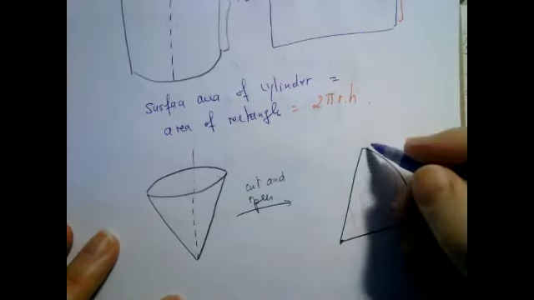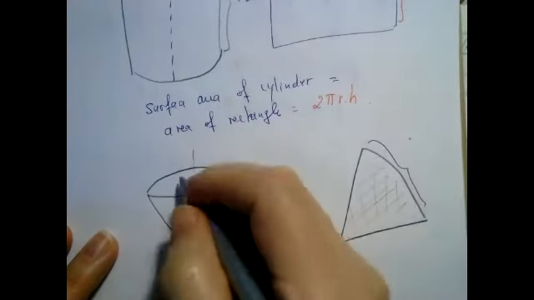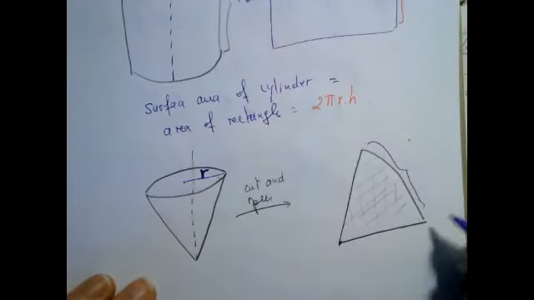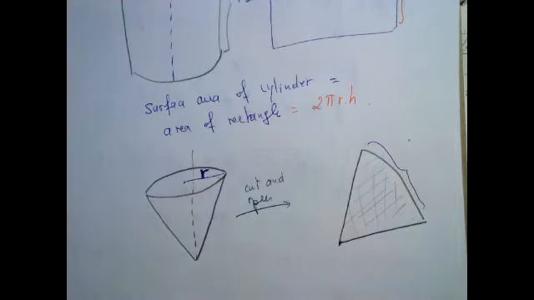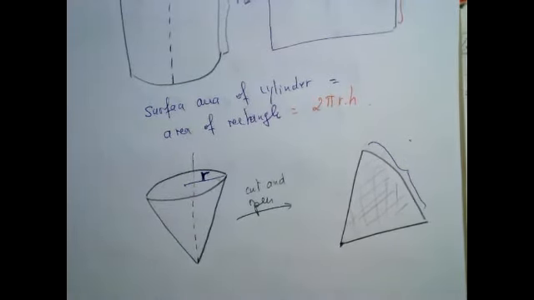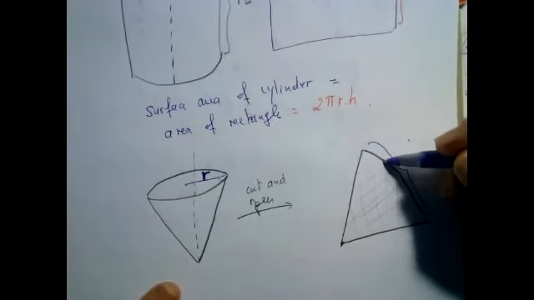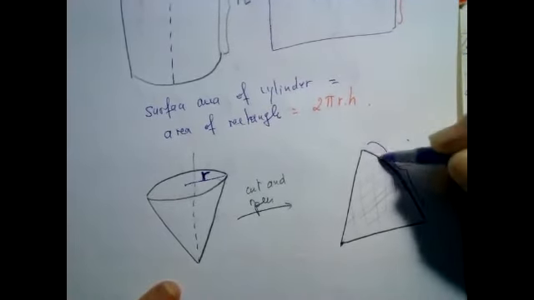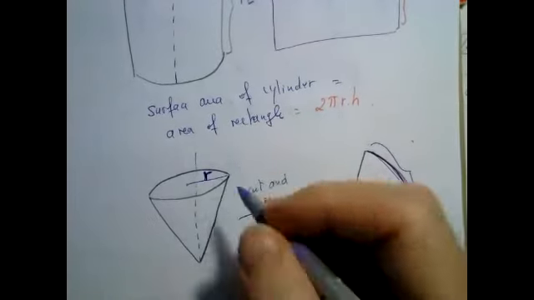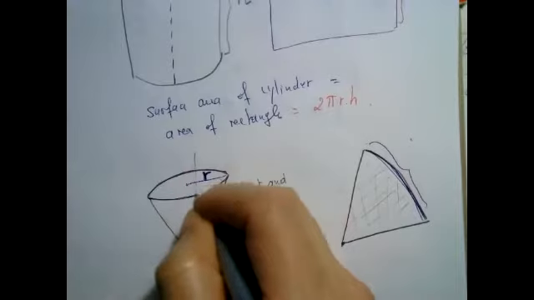How much do you think I have from here to here? Suppose this is R. How much do you think I have here when I open it? Which piece do you think it opens like that? Your circumference? It's the circumference that opens like this. This is the one which will open.